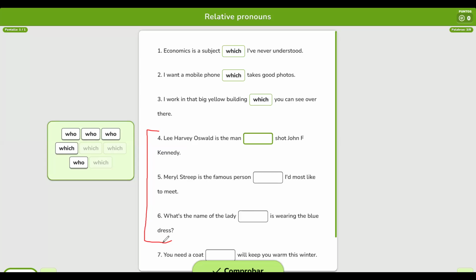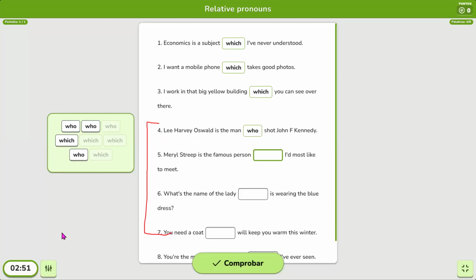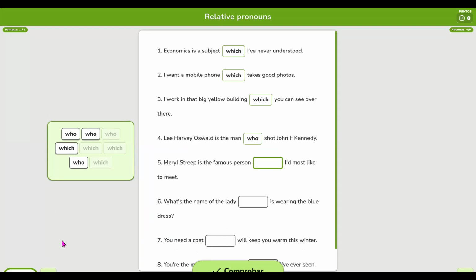Lee Harvey Oswald is the man shot John F. Kennedy. Who? Meryl Streep is the famous person who I most like to meet.